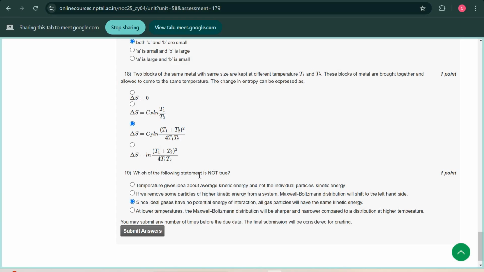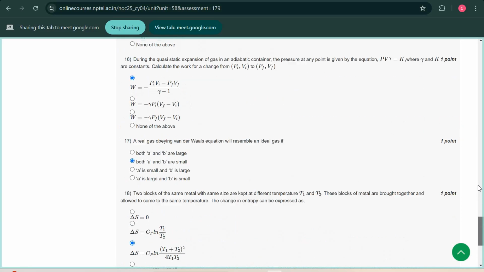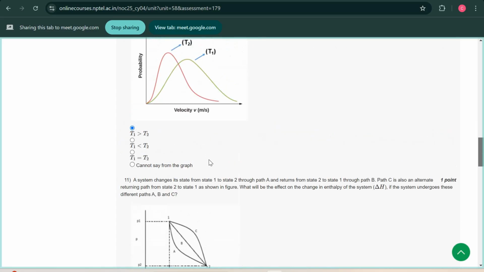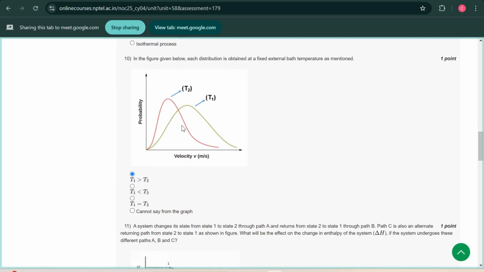Here, the Maxwell-Boltzmann distribution. What is that? If you went through lecture 2, for a given temperature, the velocities follow a graph like this. This is the Maxwell-Boltzmann distribution. For a given temperature, the particles follow a distribution of various velocities.